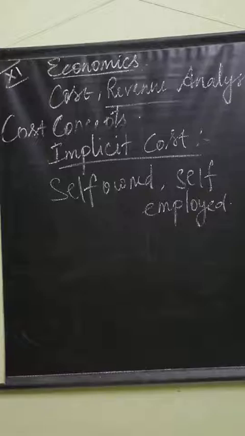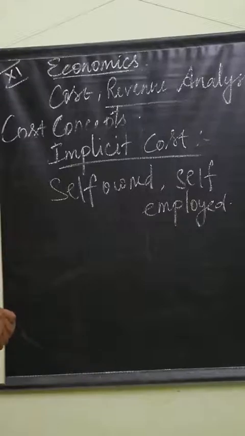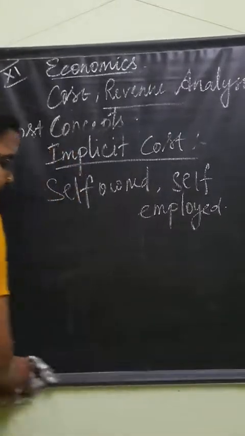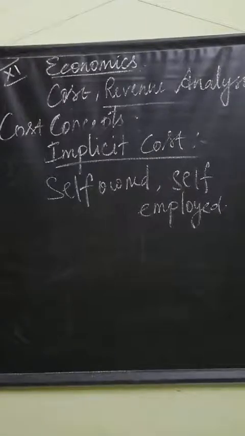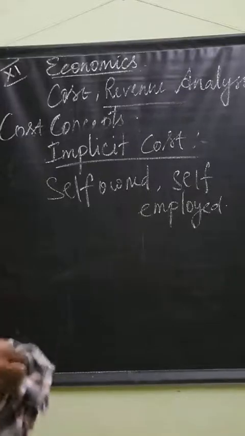Though they are working for their own business, they are using their own land, building, machinery, and other factors in the process of production. It is not recorded in the accounting, isn't it? They never write it in the account. Rent is paid to me, I take it, they never write it. So it will not come into accounts. It is not included for accounting purposes, and no cash payment takes place. They didn't get any salary because that is their own business.